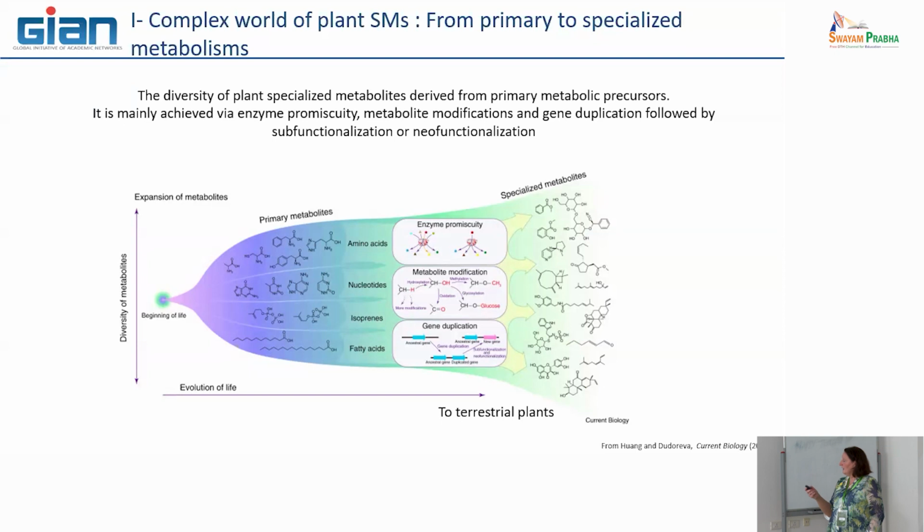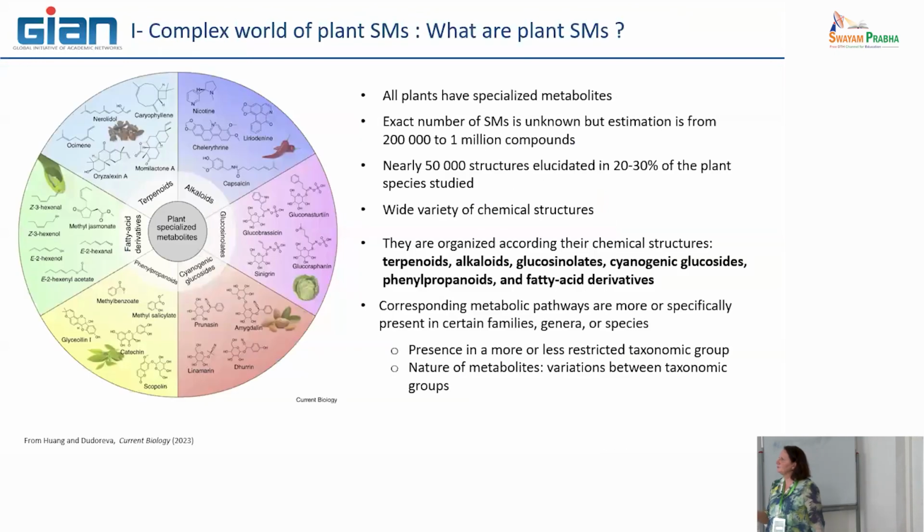So here is the organization of the different metabolites in plants. I like this picture because, even if it's not so nice with this projector, you will see that the scaffold of each molecule is completely different. This means that the chemical diversity of these molecules is very important.